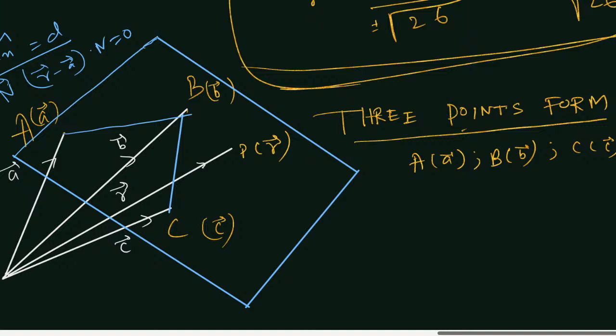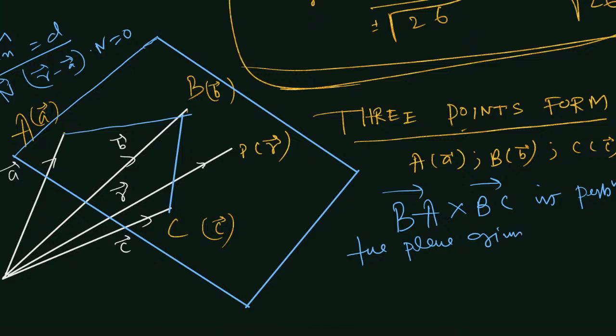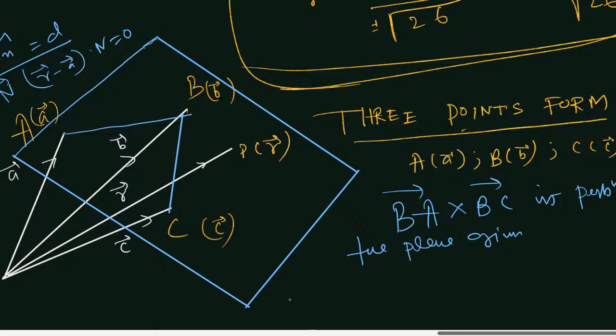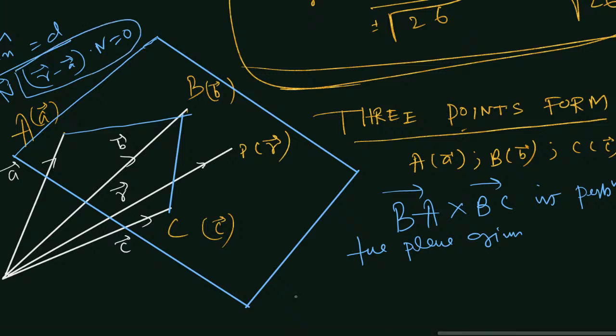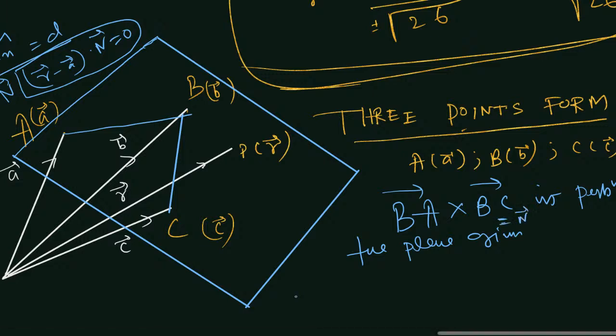How to? Because BA cross BC is perpendicular to the plane given. Okay? And A is a known point over there. So why are you not taking the help of this form? N is the vector that we got here. This will play the role of n.